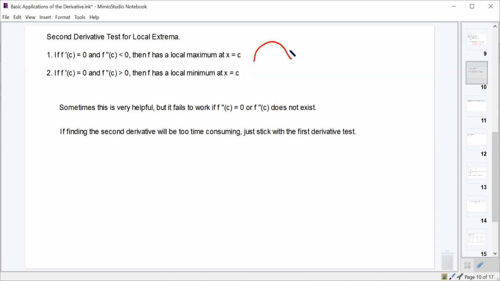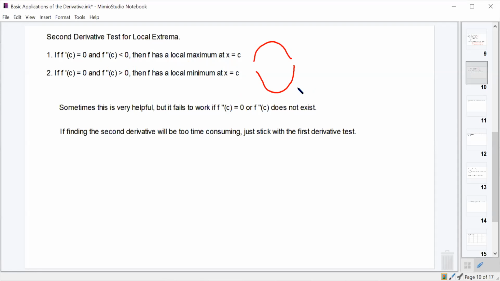And anywhere on there where the derivative is equal to 0, if it's concave down, it's going to have to be a local max. And f double prime being positive tells us it's concave up. And if we think about that, anywhere where the derivative is 0 on a concave up function is going to be a local min.